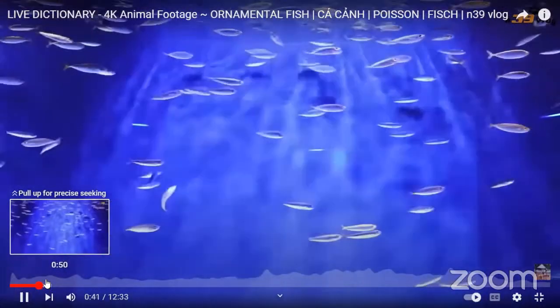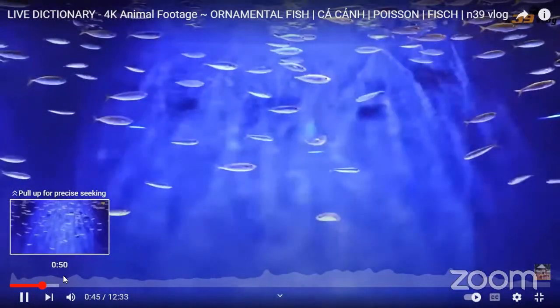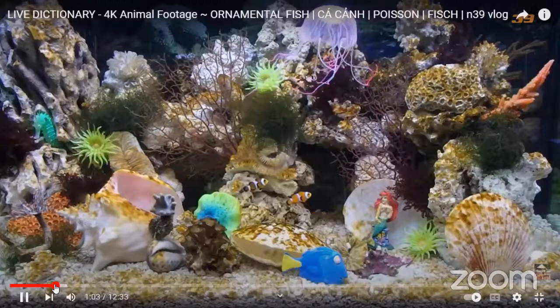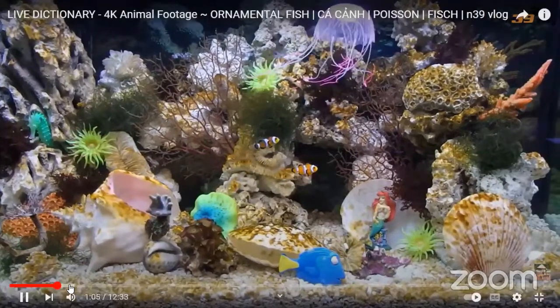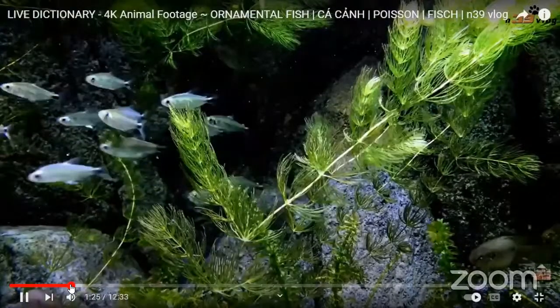Are you able to see how the tail fin is propelling the fish? I want you to see. That is the one that makes the fish able to move forward.